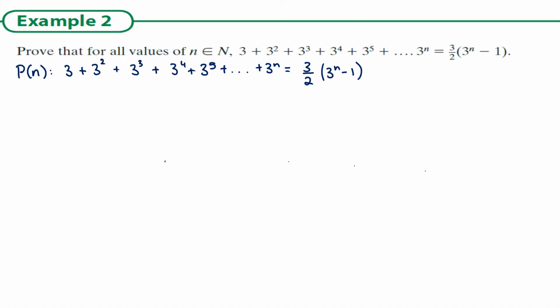Okay, so now that I've done that, I move on to step 1. Step 1 is show true for n equals 1.